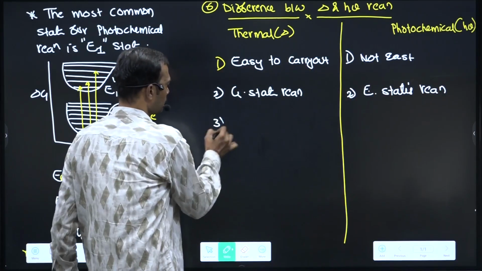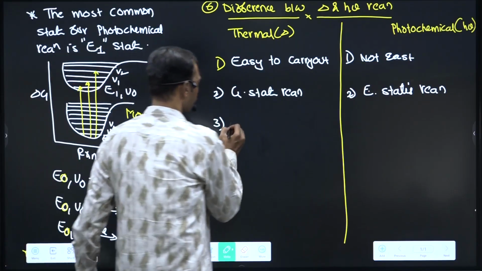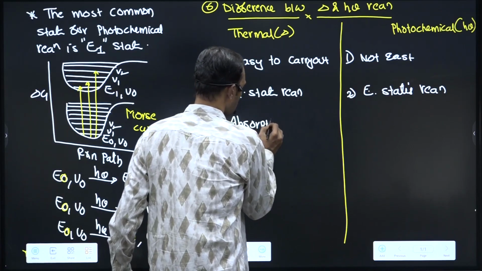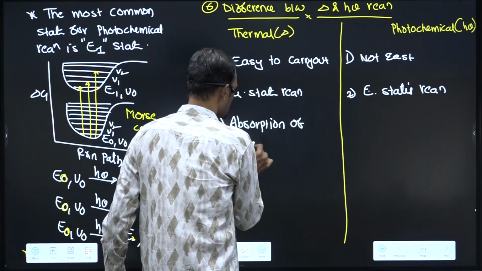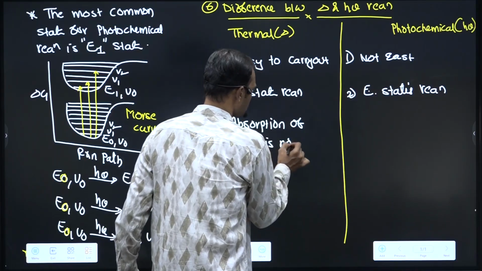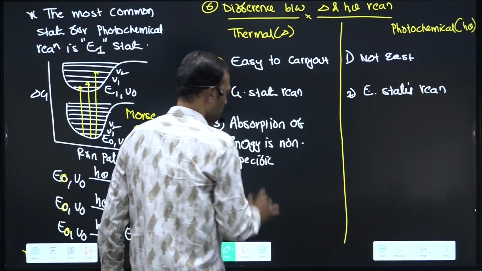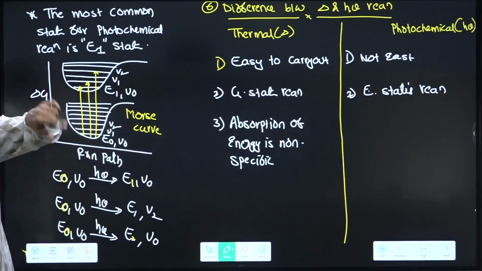Okay? And see, absorption of energy. Absorption of energy is non-specific. What does it mean? Only one atom never absorbs. One example I gave: I wrote one circle with 4 dots.